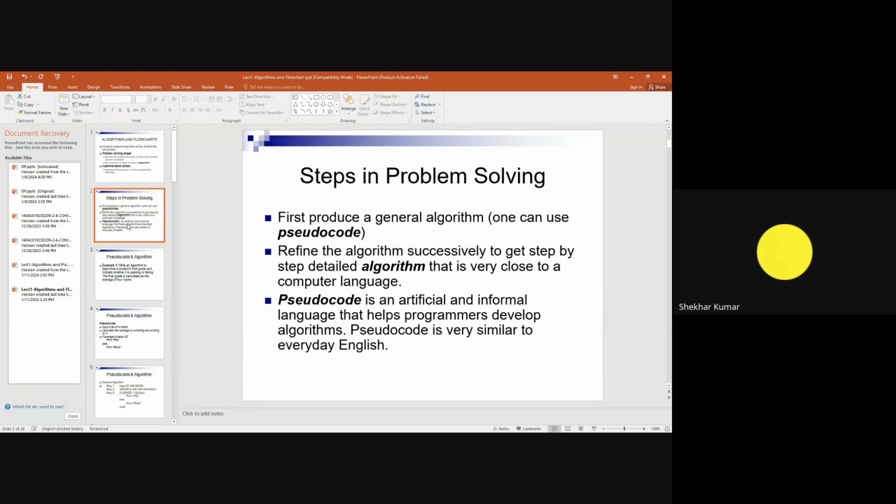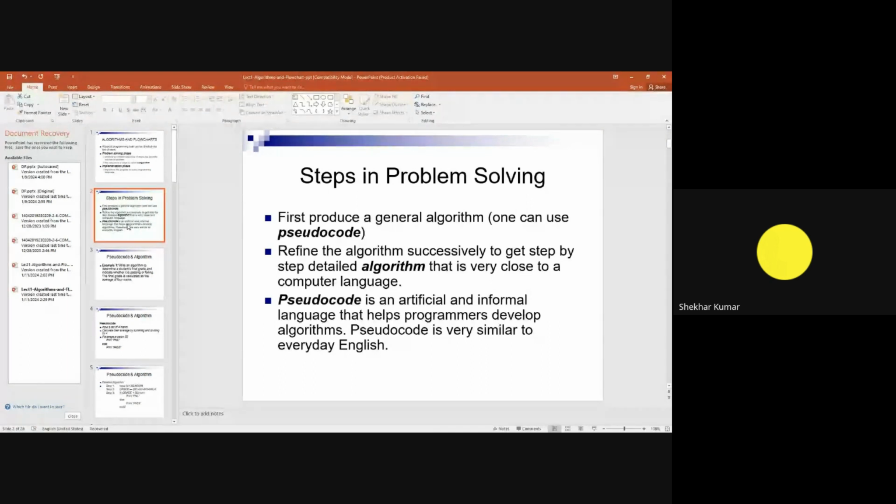A general algorithm is just in English-like language which you use in your daily life. The steps written in your everyday language are called your pseudocode. At first you produce a general algorithm, that is called your pseudocode.